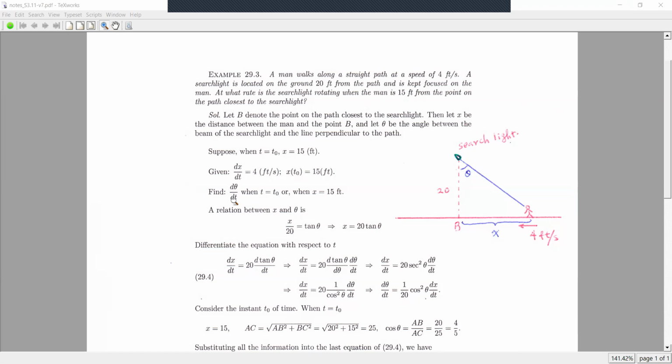We consider the derivative of theta as the rotating rate of the searchlight. After we get the derivative, evaluate it at the time t0. Then we have the rotating rate of the searchlight at the instant when the man is 15 feet from point B.